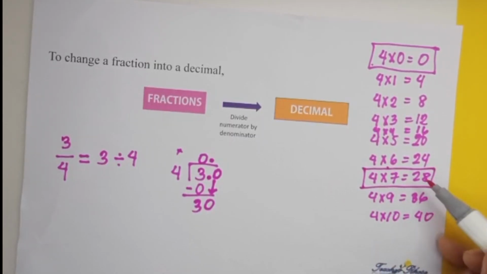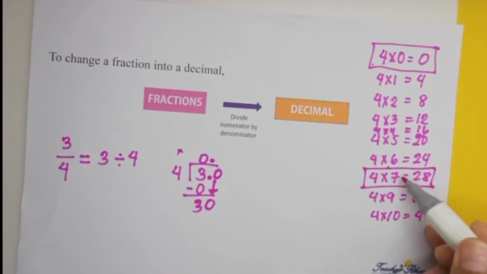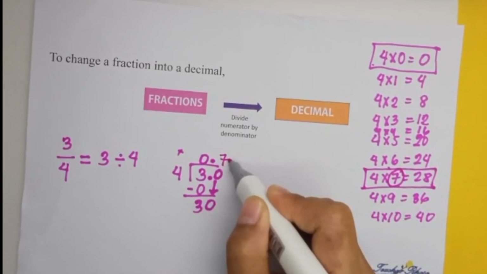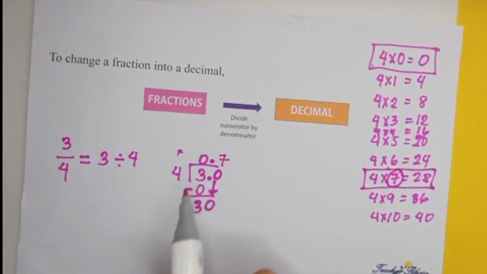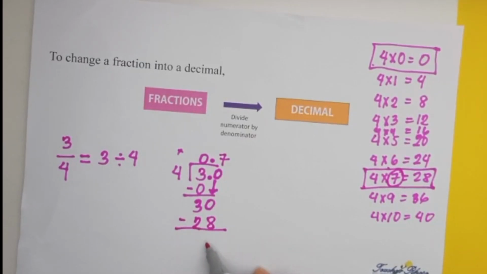How many 4s can I get in 28? I can get 7 fours. So I'll put it there. 7 multiplied by 4 will give you 28. Now, 30 minus 28 will give you 2.